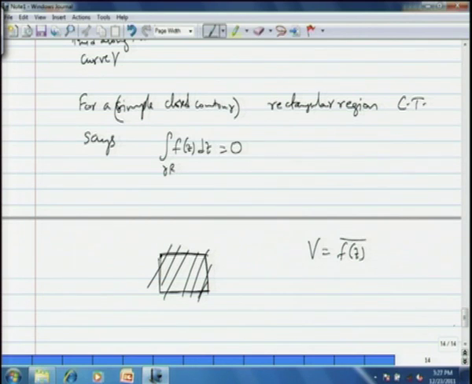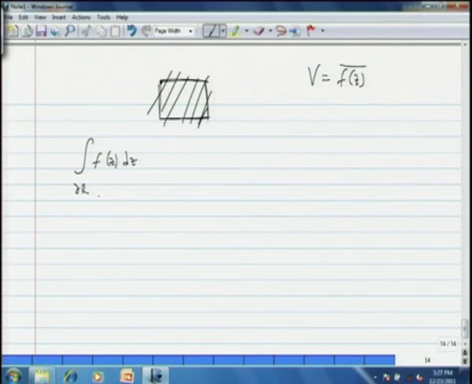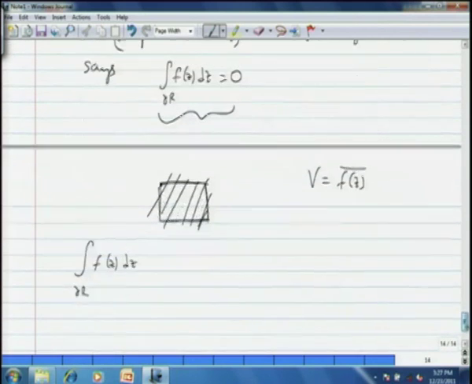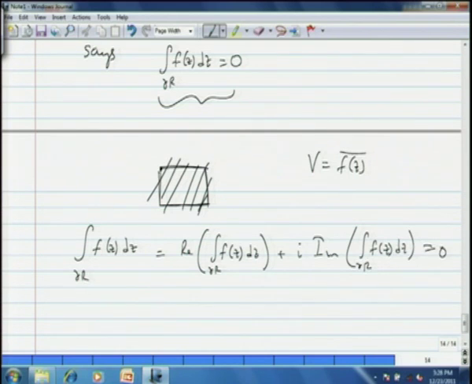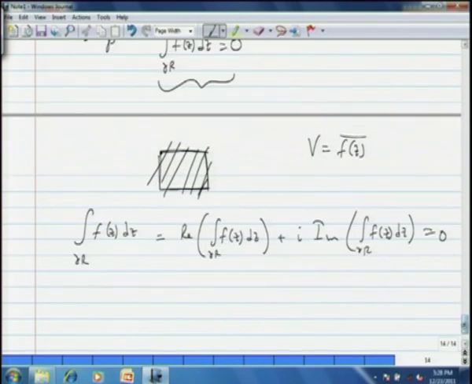Okay. This is telling you that the integration of f of z dz on dou R is equal to the real part of the integration of f of z dz on the boundary of R plus i times the imaginary part of this, which is given to be 0 by Cauchy's theorem.